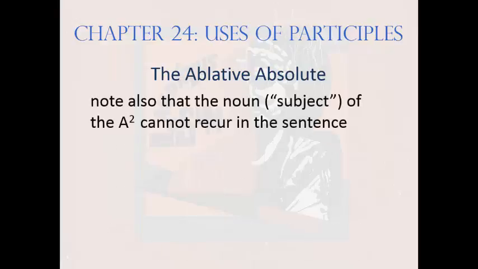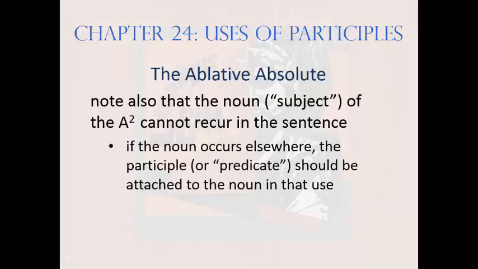Now that you understand how ablative absolutes are formed, we can talk about why the subject or noun of the A squared can't be part of the main sentence. The reason for this is very simple. If the noun recurs in the sentence, there's no need for an A squared. Just attach the participle to the noun.